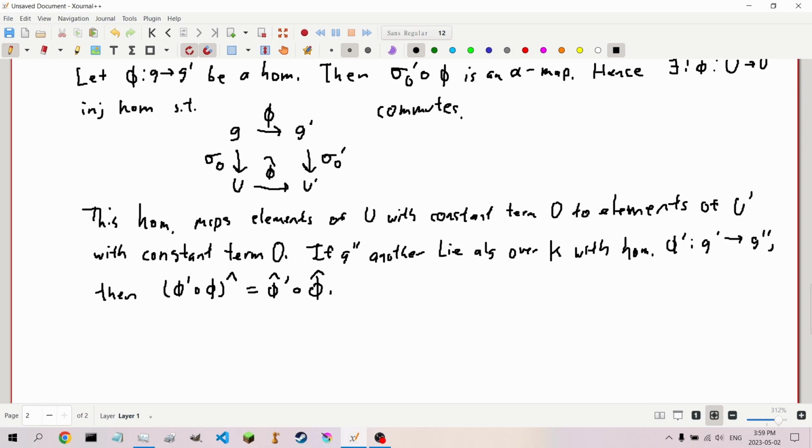You can work out the exact diagram for that if you want, but I'm thinking it's just saying that the composition of the maps of their universal enveloping algebras commutes with each individual map.